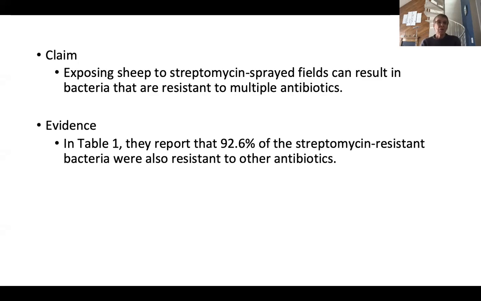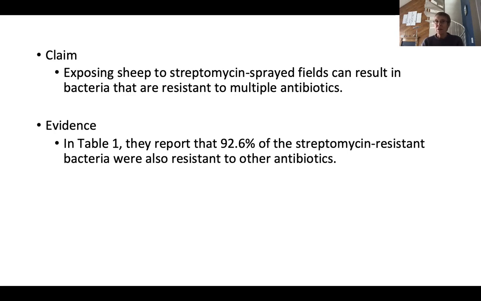So students claiming that in this paper, exposing sheep to streptomycin as an antibiotic sprayed on fields can result in bacteria that are resistant to multiple antibiotics. The evidence they cite for that is in Table 1. They report 92.6% of the streptomycin-resistant bacteria are also resistant to other antibiotics.